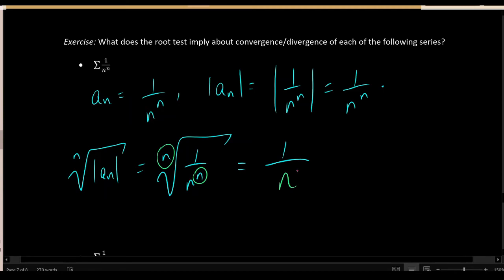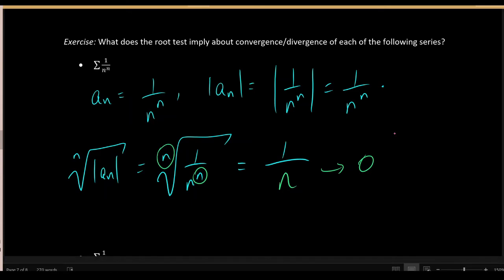So what happens to this quantity as n goes to infinity? This quantity begins to approach 0 as n gets larger. And this number, 0, is definitely strictly less than 1.